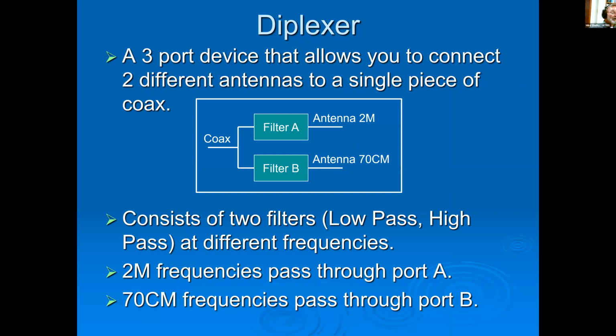And inside the diplexer, you have two filters. The one filter passes the information for 2 meters to one side, and the other one passes everything to the 70 centimeter side. So these consist of 2 filters, one low pass filter, one high pass filter, obviously at different frequencies to steer things.